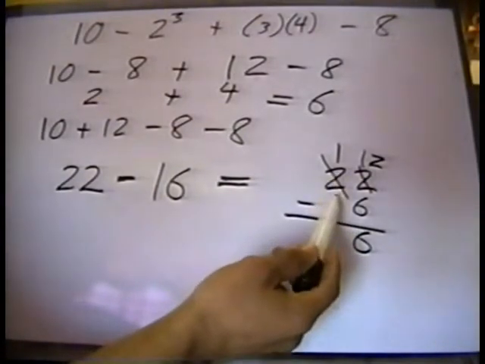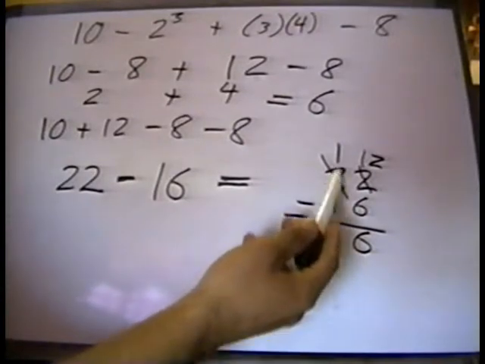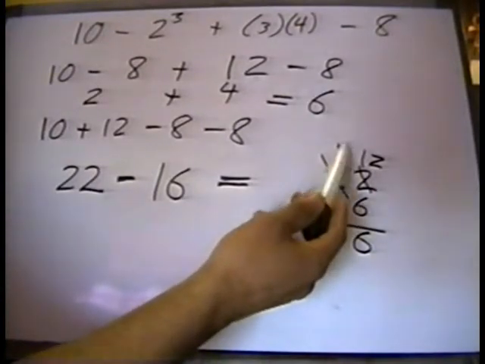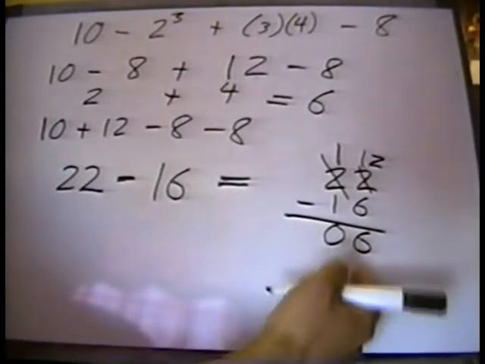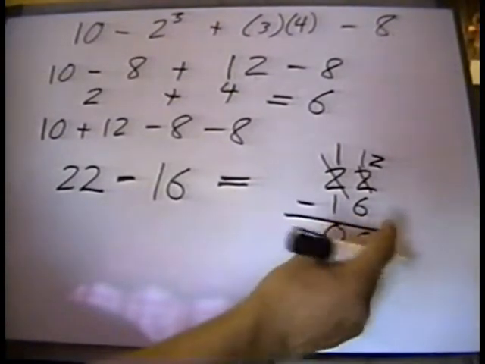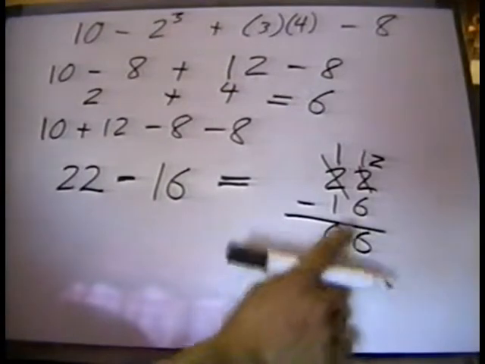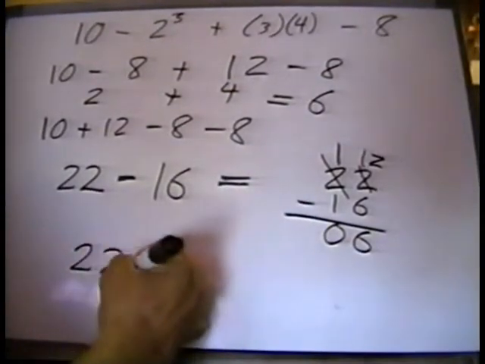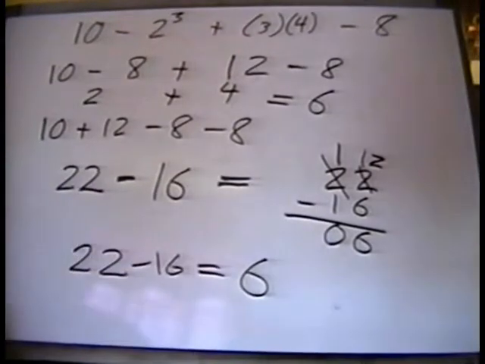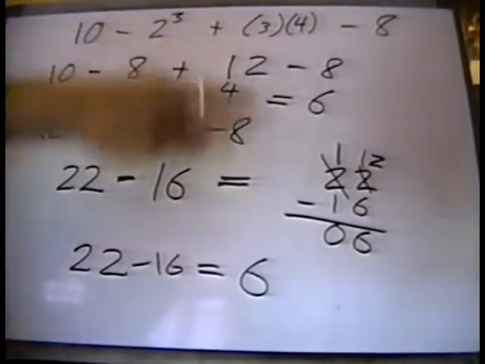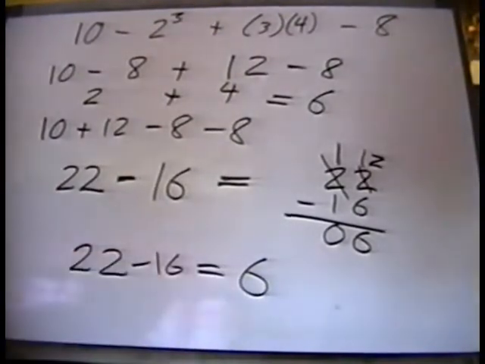Because we crossed that out, and we got 1, now we have to subtract 1 from 1. That gives us 0, and the total is 6. 22 minus 16 equals 6, or this entire expression is equal to 6.